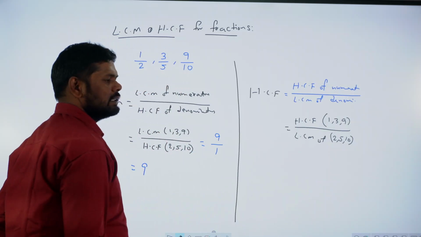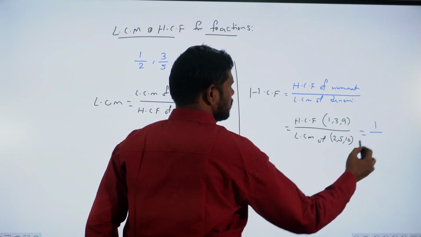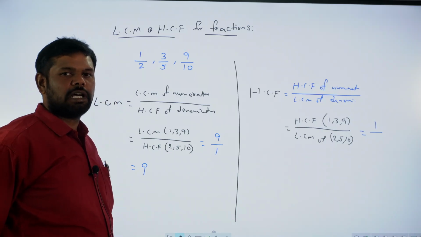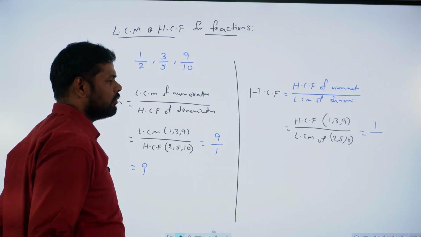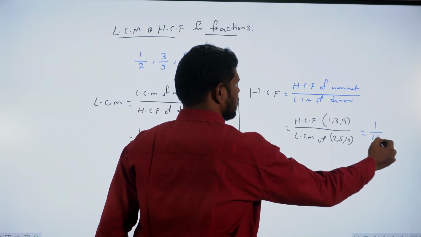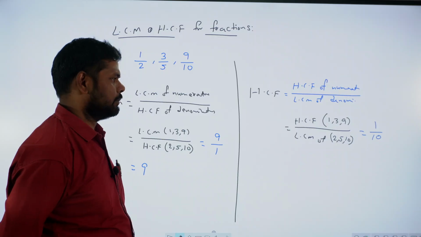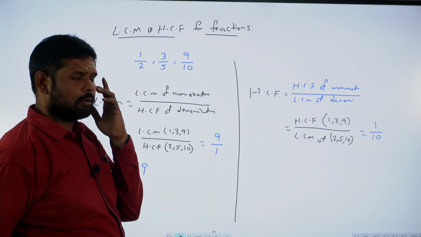The HCF of 1, 3, 9: 1 is there, and 3 is a prime number, so if 1 and any other number is there, their HCF is always 1, divided by the LCM of 2, 5, 10, which is 10. 10 is a multiple of both 2 and 5, that's why 10. Or otherwise you can go for short division, no problem.